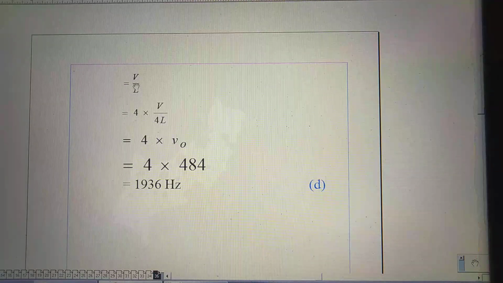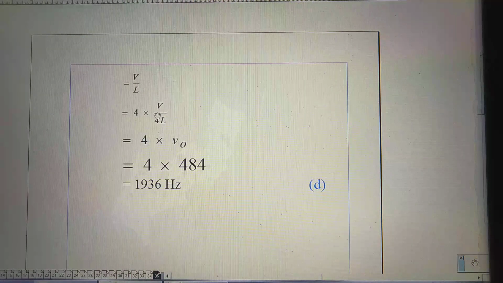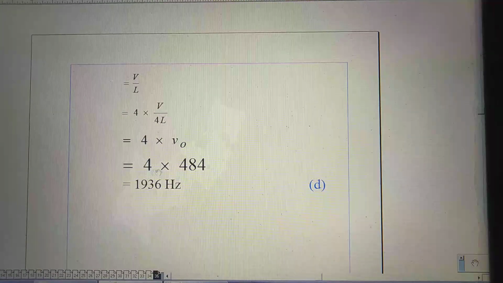After calculation, v by L, using mathematical rearrangement, is 4 into v by 4L, because we know the value of v by 4L, the fundamental frequency of the closed pipe, which is given. So v by 4L is nu naught, and its value is already given, 484. So 4 into 484 is 1936 Hz. So the right option is D.